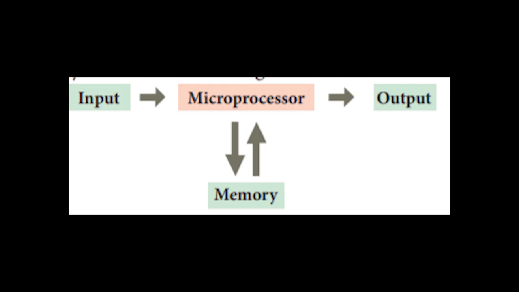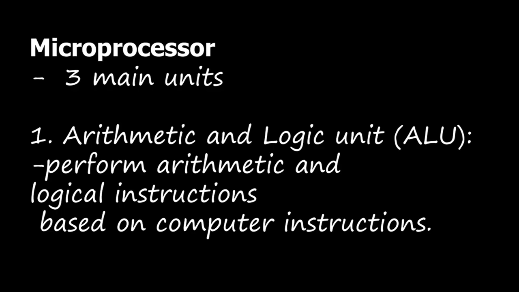Okay, this microprocessor has three units. First one is the arithmetic and logic unit. That means this is used to perform arithmetic and logical instructions. Arithmetic, you all know, means addition, subtraction and so on, and the logical instructions can also be performed in this arithmetic and logic unit.